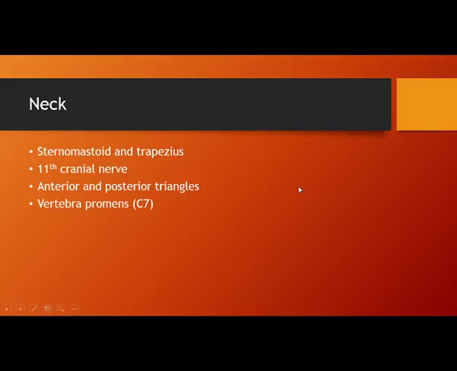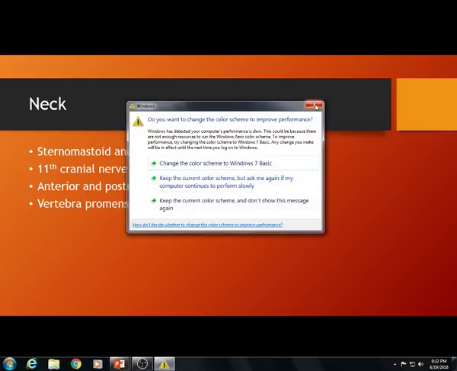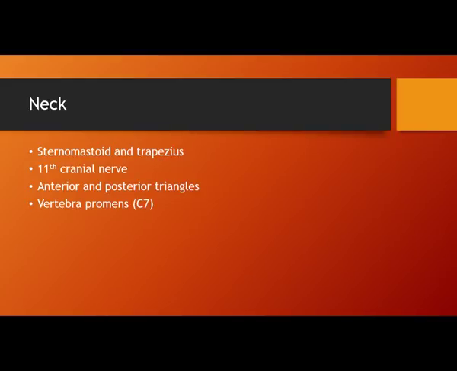Important structures in the neck: the sternomastoid muscle, which goes downward at a diagonal angle from around your jaw area, a little behind your jaw, coming down going forward, and it's the muscle that can bend your neck forward. And then the trapezius extends your head and neck, and it's behind the sternomastoid muscle.